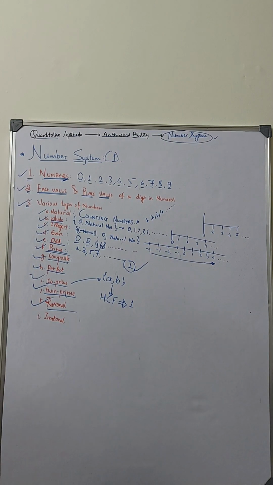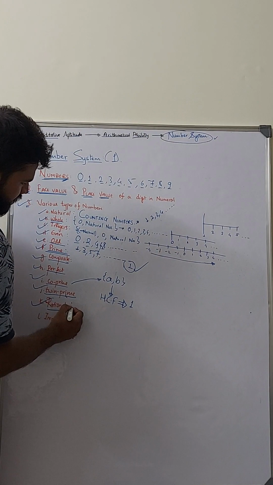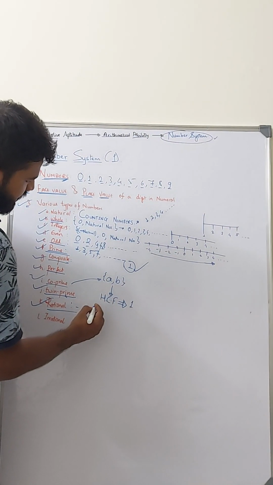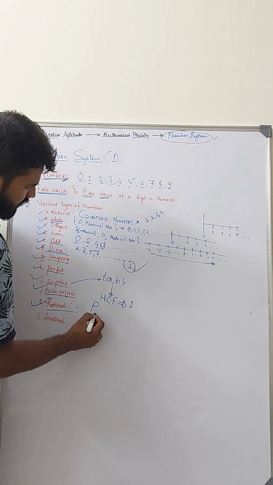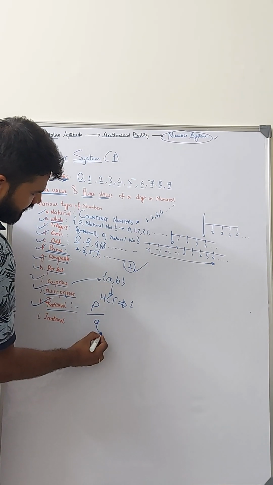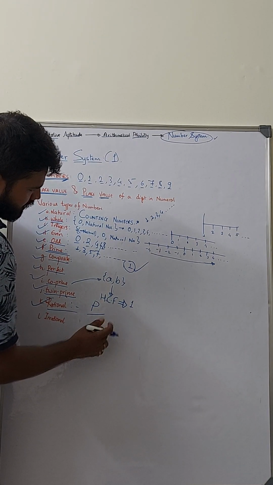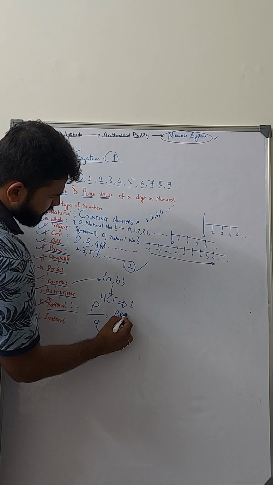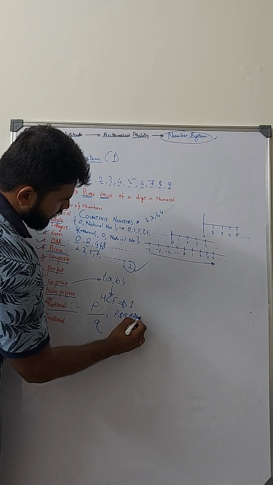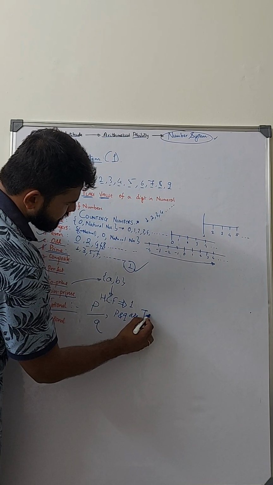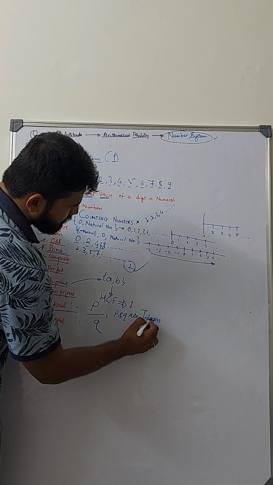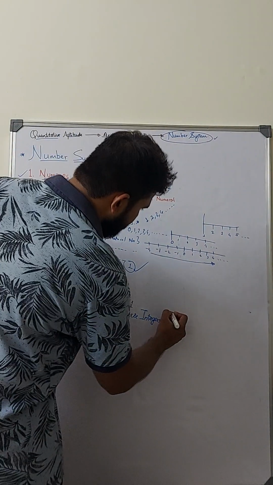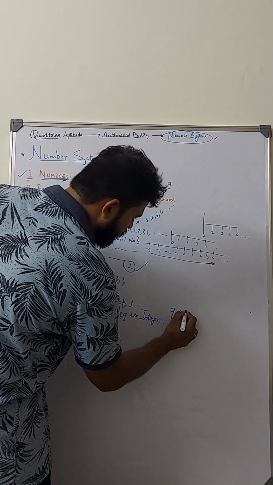So rational numbers are numbers which can be expressed in the form p by q, where p and q are integers, and one more condition: q should not be equal to 0.